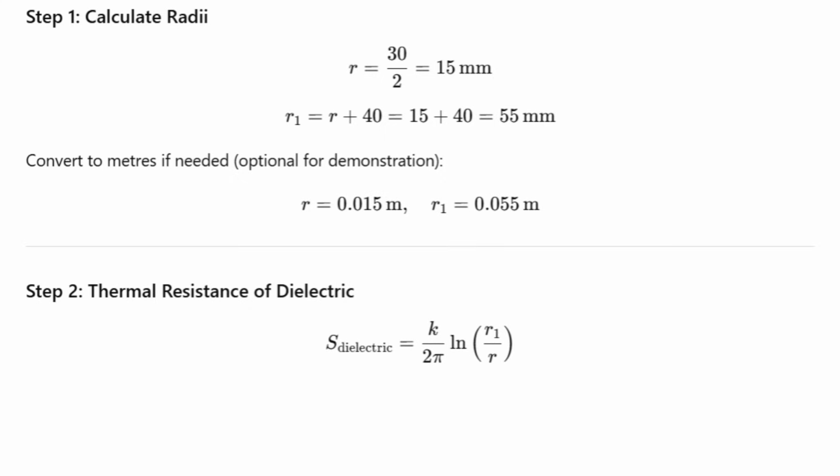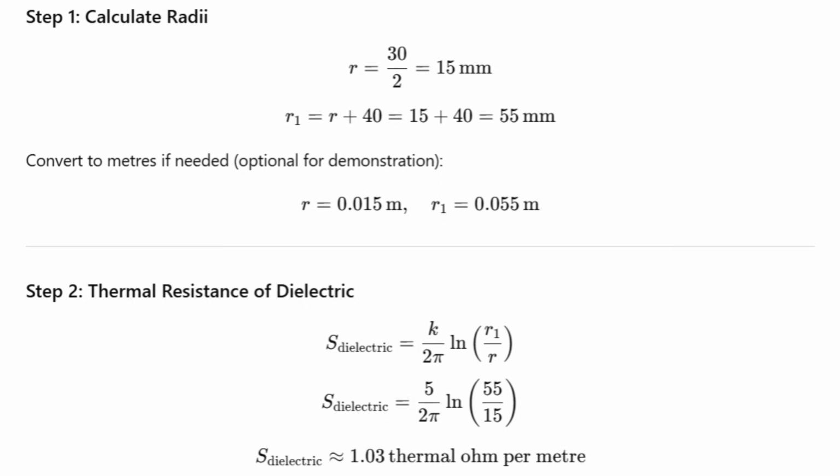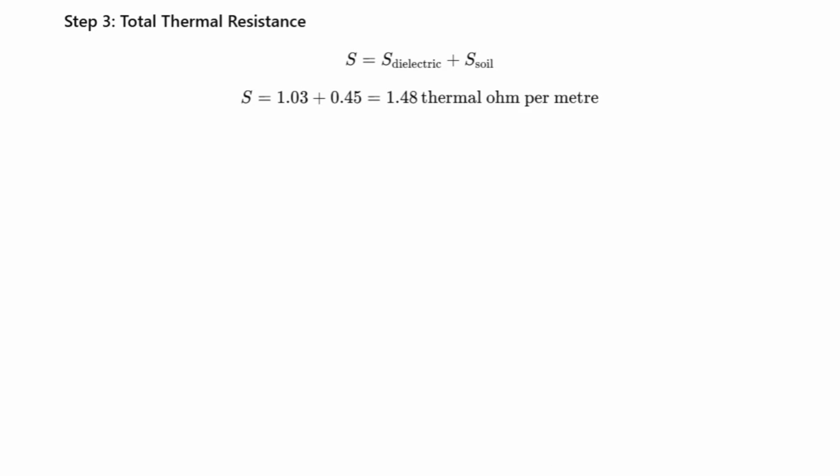Now, using the expression we derived earlier, the thermal resistance of the dielectric becomes K divided by 2 pi multiplied by the natural logarithm of R1 divided by R. Substituting K equals 5, R equals 15, and R1 equals 55, we get approximately 1.03 thermal ohm per meter. Next, the thermal resistance of the soil and surrounding layers is already given as 0.45 thermal ohm per meter. Adding these two values gives a total thermal resistance of 1.48 thermal ohm per meter.